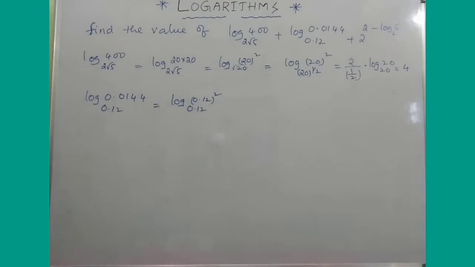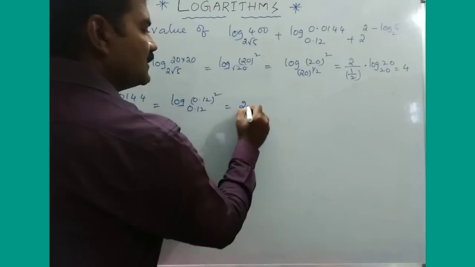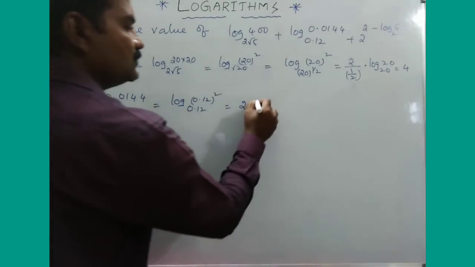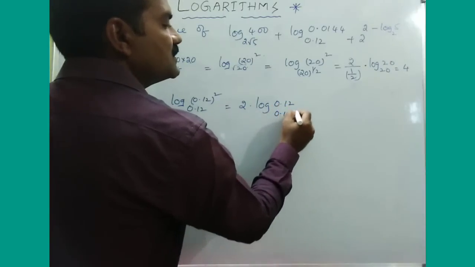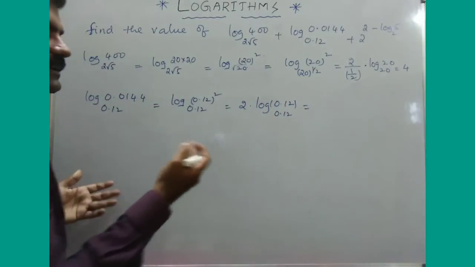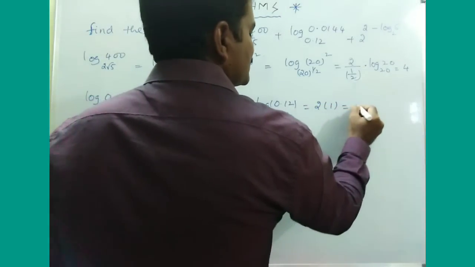Isn't it? 0.12 whole square is 0.0144. So according to logarithmic laws, this power comes to the front. So 2 into log of 0.12 to the base 0.12, which is also just like log a to the base a. So 2 into 1, which equals 2.